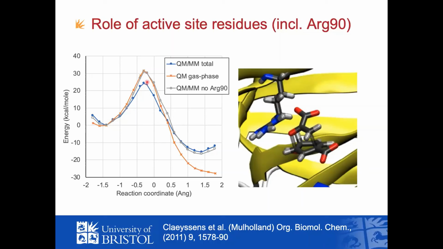So it turns out that, at least for this particular snapshot, almost all of the stabilization energy around the transition state is due to this arginine 90 residue, which is not really a surprise given its position, because what will happen during the reaction is that more negative charge will build up on this atom. So it's very good to have a positively charged, almost salt-bridge interaction in place here.